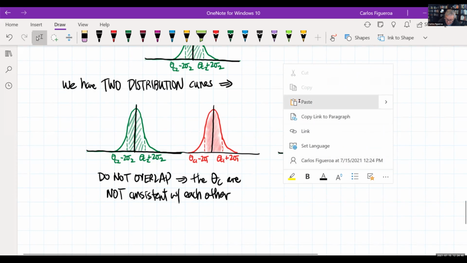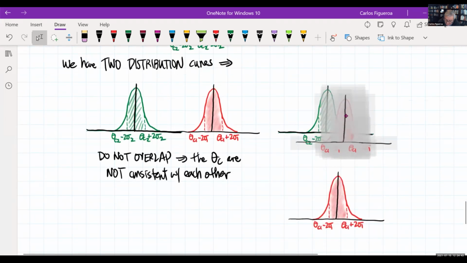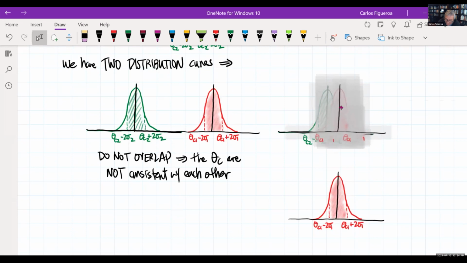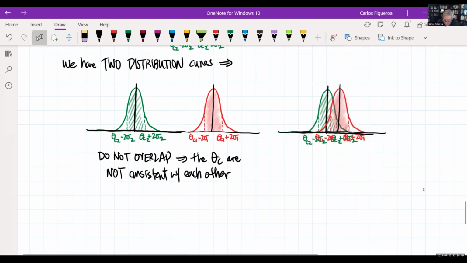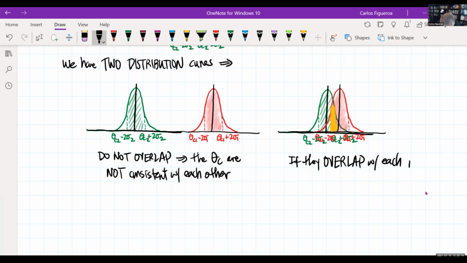On the other hand, if these guys overlap, if these confidence intervals overlap, and you could see that if I look at this, they're overlapping right here, they are consistent with each other.